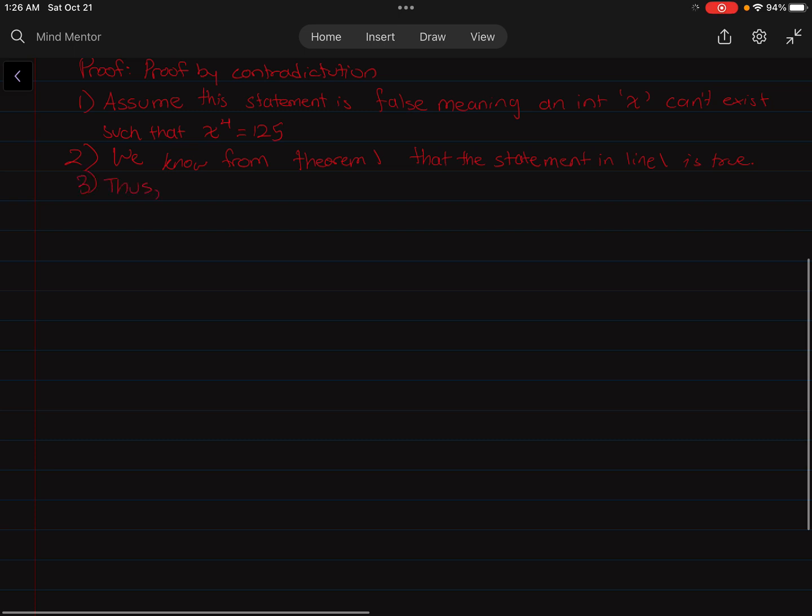Thus, the reverse of this statement is false. Thus, therefore, this premise is false. And then end of proof.